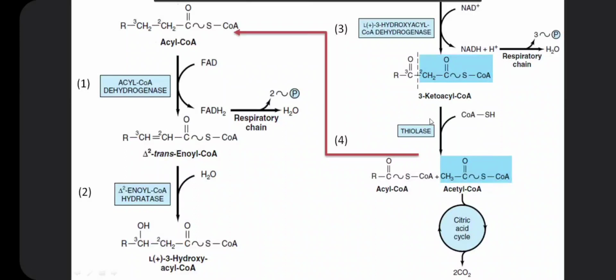And finally, in the fourth step, this 3-ketoacyl coenzyme A is split at the alpha and beta position, or 2/3 position, by thiolase, resulting in the formation of acetyl coenzyme A and a new acyl coenzyme A. As you see, compared to the original acyl coenzyme A, this new acyl coenzyme A is 2 carbons shorter than the original acyl coenzyme A molecule.